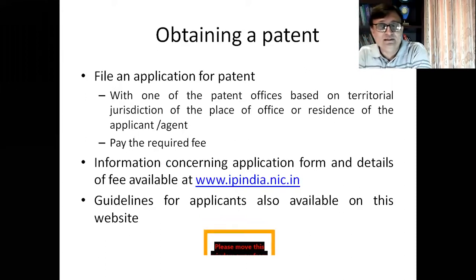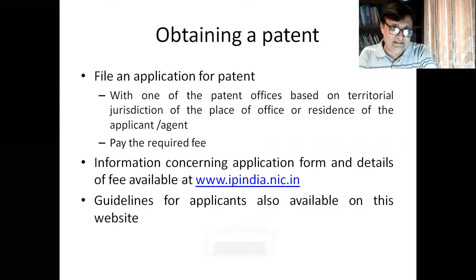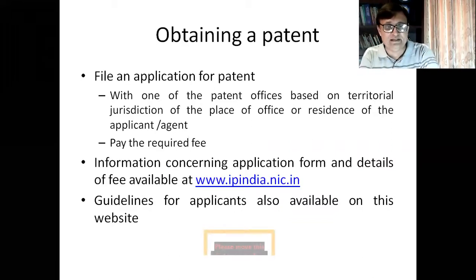First of all, to obtain a patent, you have to file an application for the patent within one of the patent offices, based on the territorial jurisdiction of the place of office or residence of the applicant. For example, if you are in Punjab, your office may be in Chandigarh. If you are in Haryana, your office may be in Chandigarh. If you are in UP, your office may be in Lucknow.